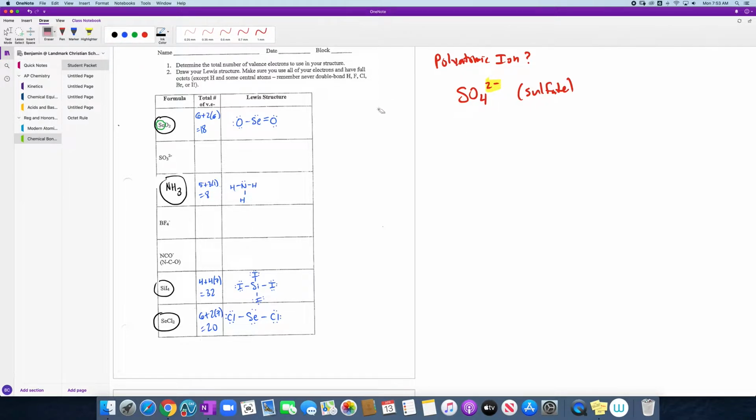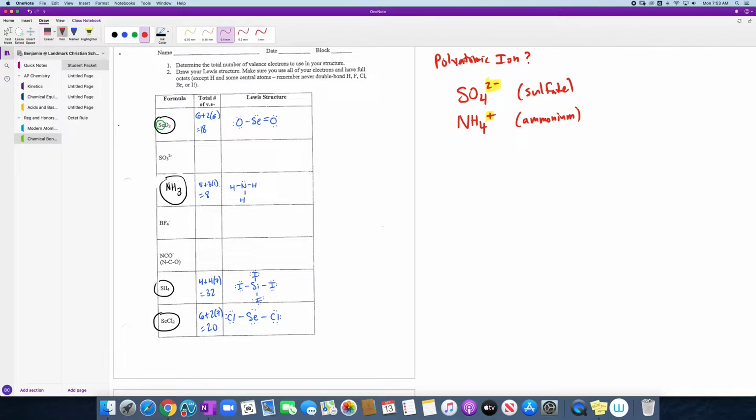There are positively charged polyatomic ions, one being ammonium, NH4+. Hopefully you remember these two. They were a couple that you would have memorized last semester. This is a nitrogen atom and 4 hydrogen atoms, the entire unit with a +1 charge.